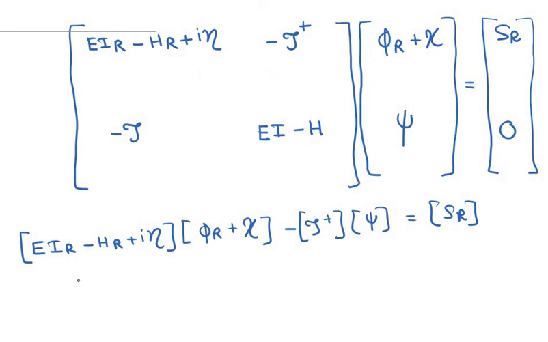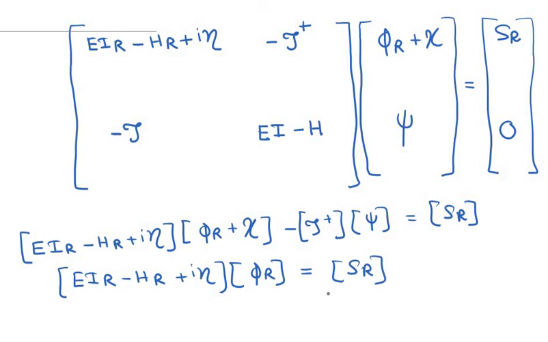Now earlier we have also discussed this equation, [EIR minus HR plus I eta] phi r, this is equal to SR. So if we subtract this equation from this equation over here, what we do get is [EIR minus HR plus I eta] x, this is equal to tau dagger psi.